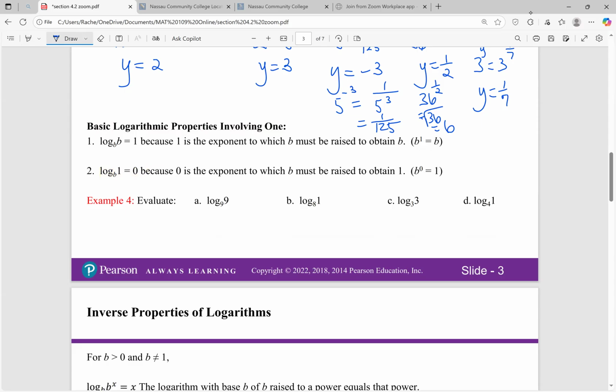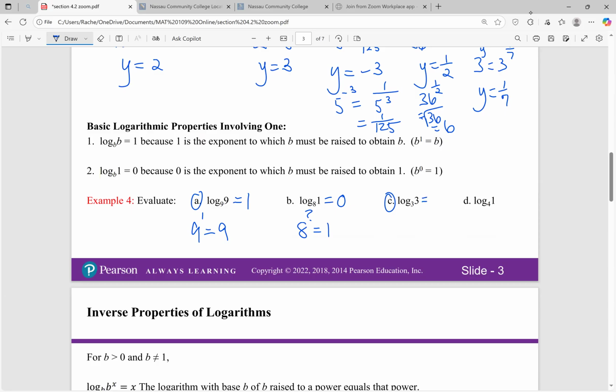So let's just practice. Look at example 4. Let's evaluate A, log base 9 of 9. This is just going to be equal to 1, because 9 to the first power gives us 9. B, log base 8 of 1. So in other words, 8 to the what power is going to give me 1? 0, right? C, I have log base 3 of 3.